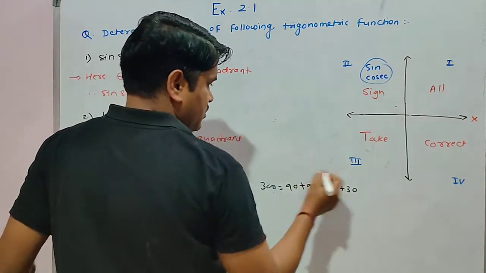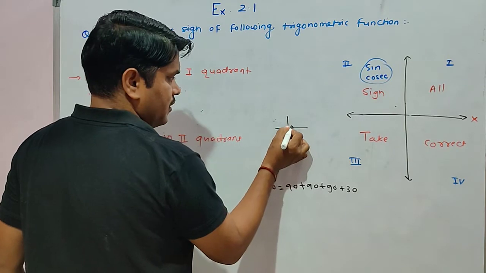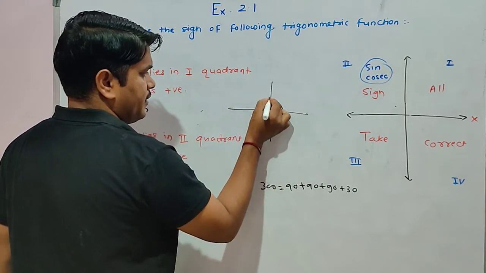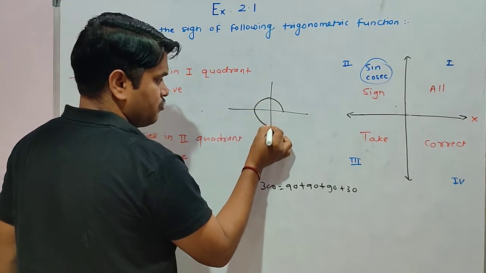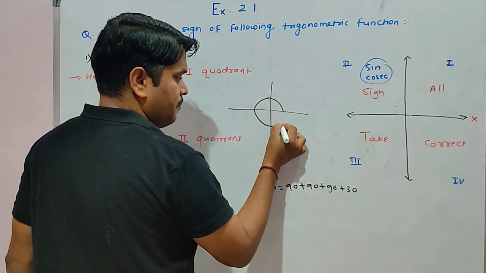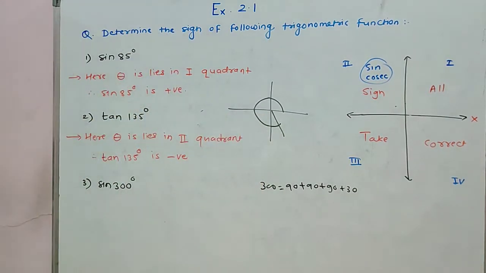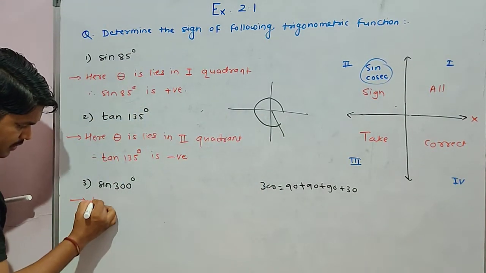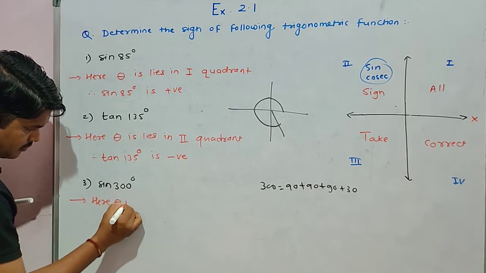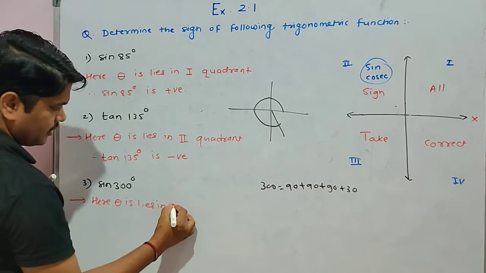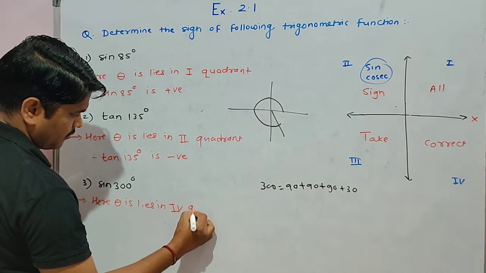First, second, third: suppose this is our quadrant system, 90, 180, 270, and then plus 30. So we get the angle in the fourth quadrant. We can write here, theta lies in the fourth quadrant.